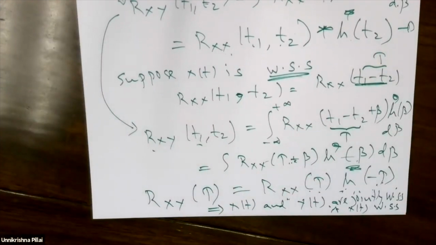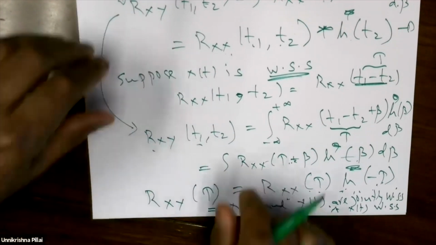You need to understand this well, because when we do the power spectrum, etc., we will be using this. And remember, in the communication and signal processing part of electrical engineering, we mainly use filtering, a lot of filtering applications. And this is a filter. Your h is a linear time invariant filter. So these relations become useful.